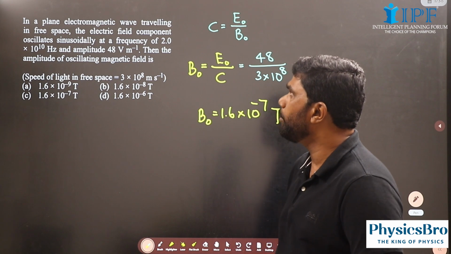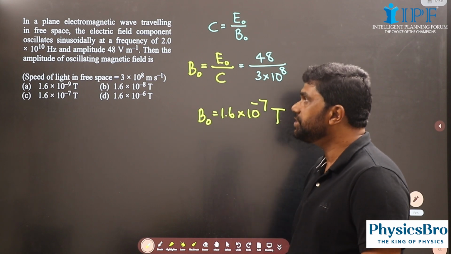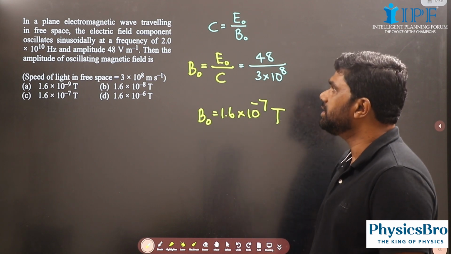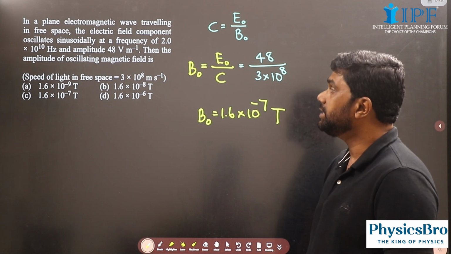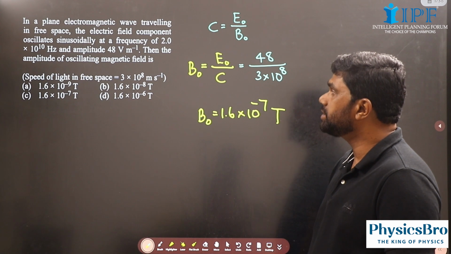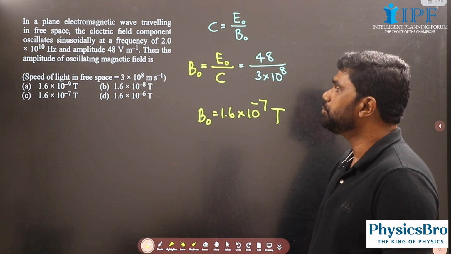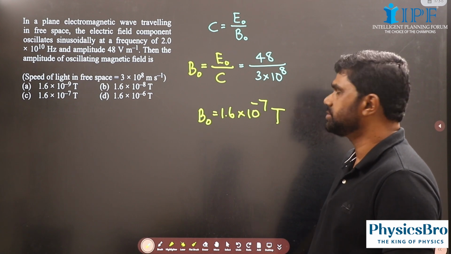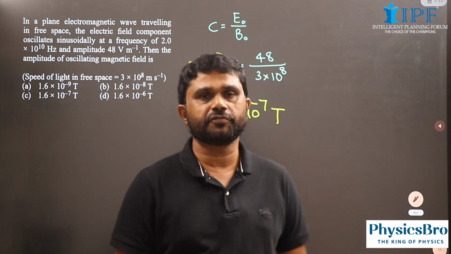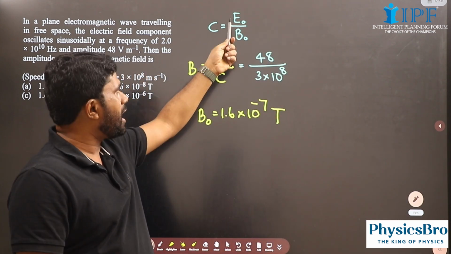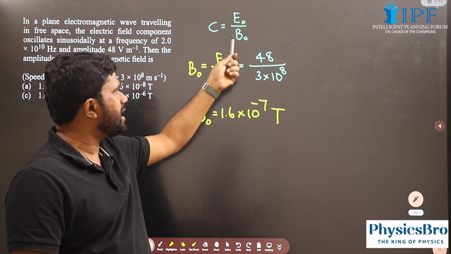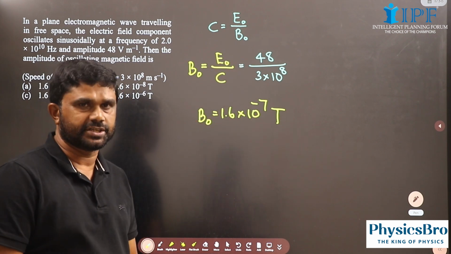In a plane electromagnetic wave traveling in free space, the electric field component oscillates sinusoidally at a frequency of 2 × 10^10 Hertz and amplitude 48 volt meter^-1. Then the amplitude of the oscillating magnetic field is? We have the speed of an electromagnetic wave as E0 by B0, the ratio of the amplitude of the electric field intensity to the amplitude of the magnetic field intensity.